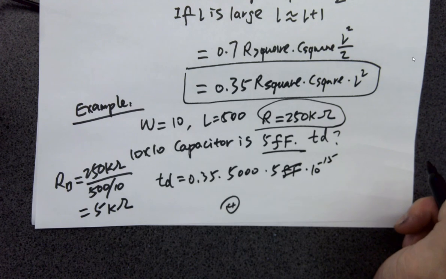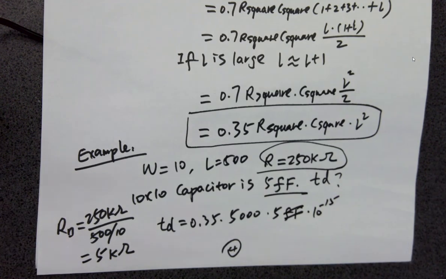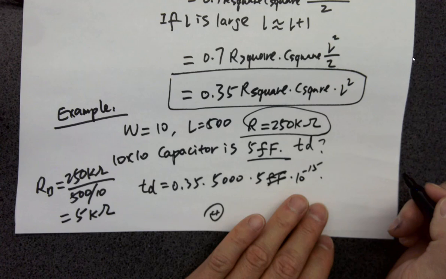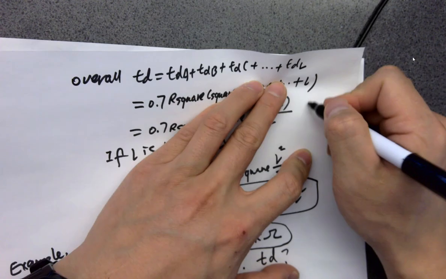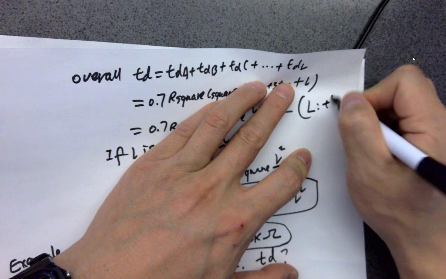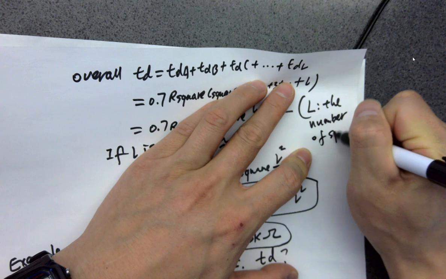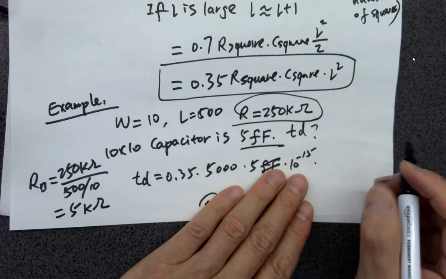And times L square. So keep in mind, L is not the real length. L is the number of squares. So how many squares do you have? Let me write it down here. Say 50 L's.